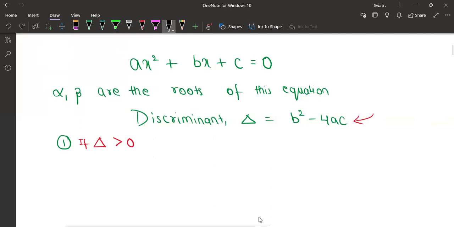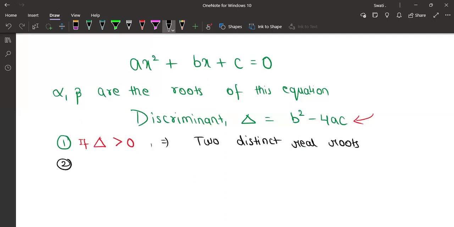If the discriminant is strictly greater than 0, then the quadratic equation will have distinct real roots. Simply, it implies that it will have two distinct, meaning different, real roots.